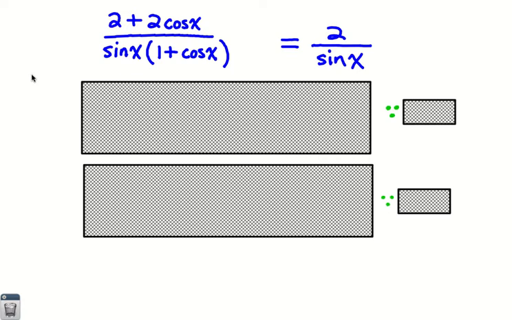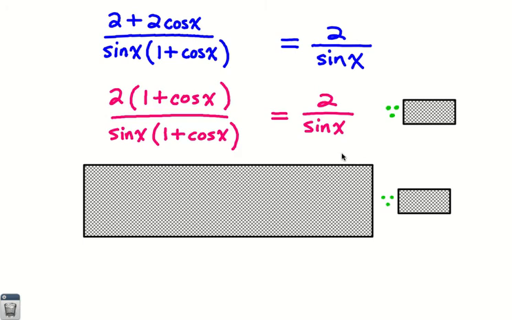What the heck can we do next? Seems like we've busted out every trick in the book so far, except factoring. Do you see up in the numerator, people, how both of these terms have a 2 that we could factor out because GCF?